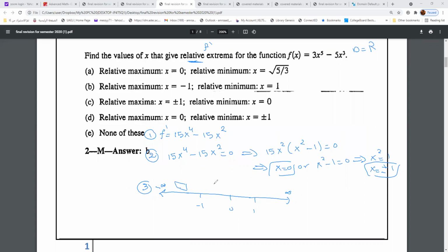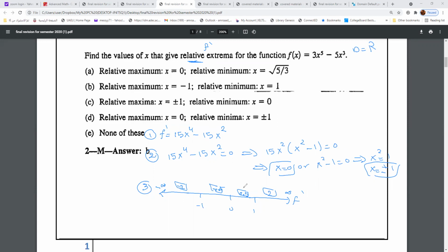Test values. I think all of us remember this one that we learned in course 3. It will be negative 2, negative 0.5, here 0.5, and here I take 2. Replace in the first derivative to identify the sign. Look, not at every critical number do we have extrema.